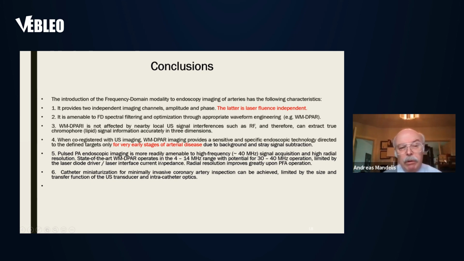Now, of course, the advantage of the pulse laser is I can get 40 megahertz, which is what the commercial transducers are in cardiology, and especially in the coronary artery response.